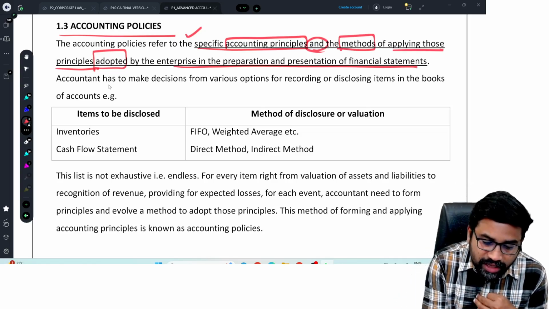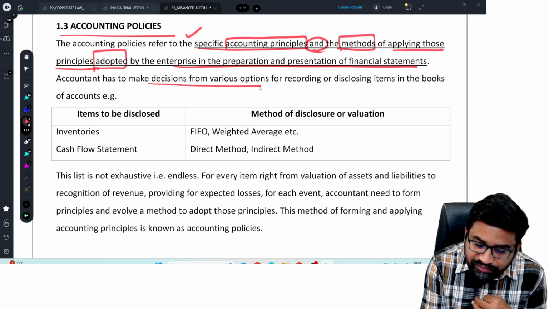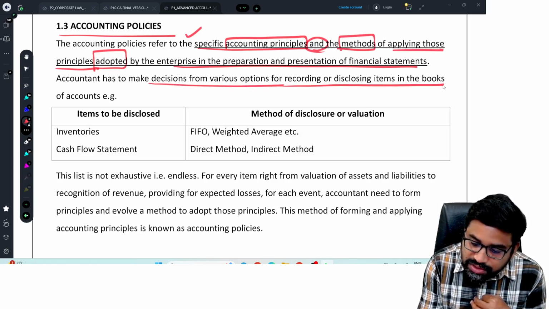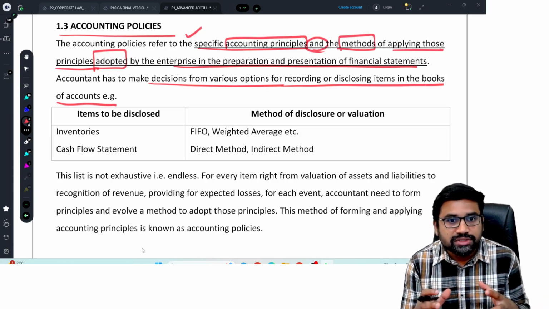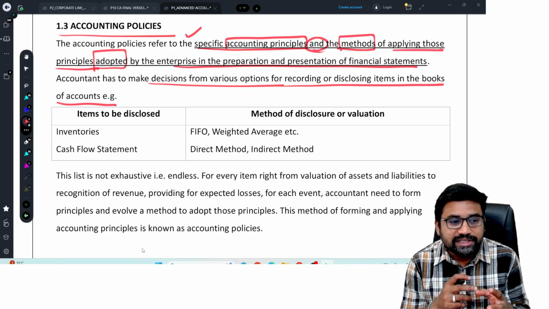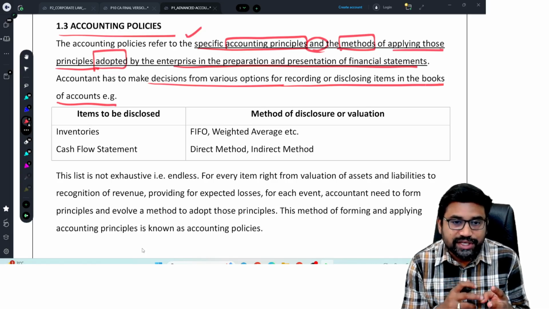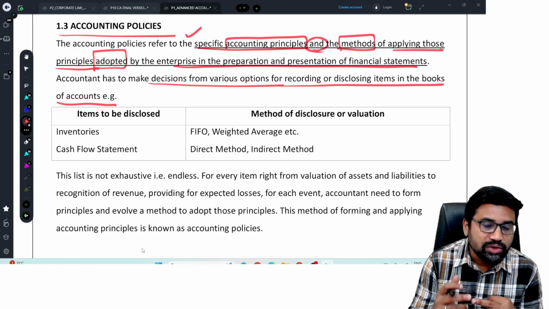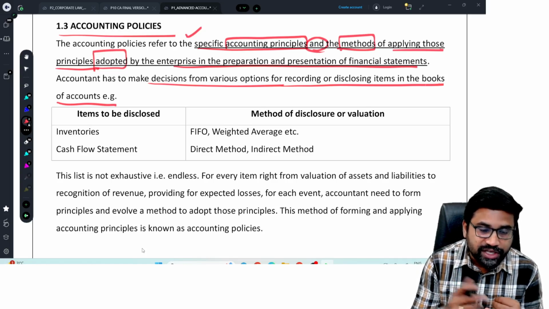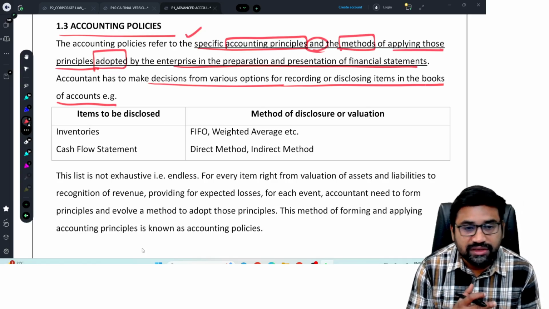Now, the accountant has to make decisions from various options for recording or disclosing the items in the books of accounts. In accounts, we have transactions. We will come across transactions relating to assets, transactions relating to liabilities, transactions relating to capital, share capital, and transactions relating to incomes, expenses, everything.